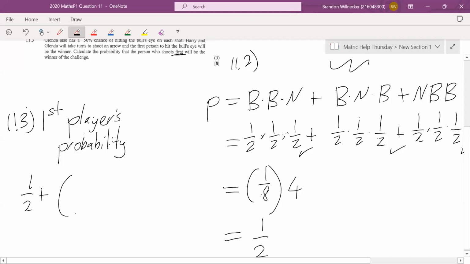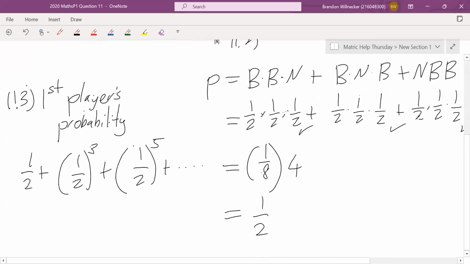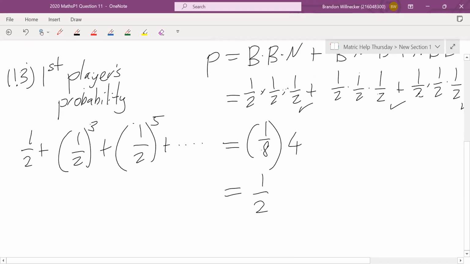Because they do the first one, then the next person does the second, then that original person will do the third. We're going to have 1/2 cubed. Plus, then the next person will go, then it's back to this person. That will be 1/2 to the 5th. Plus, dot, dot, dot, and so on. And this will continue, go on until one of them eventually wins.